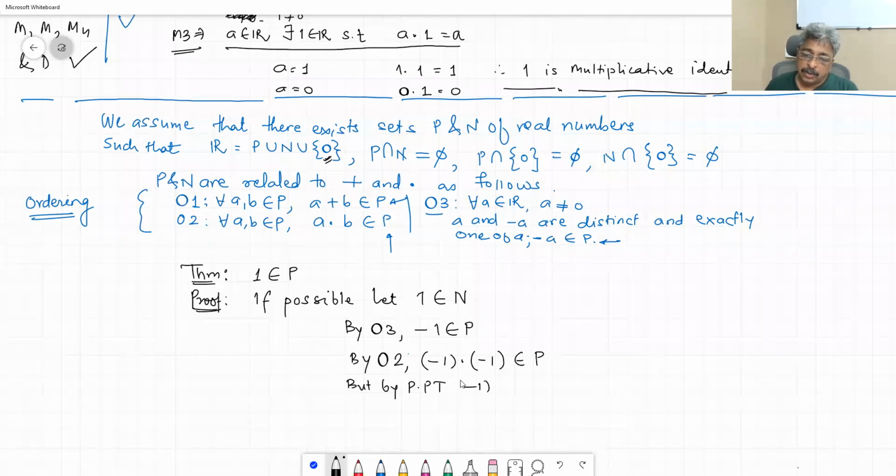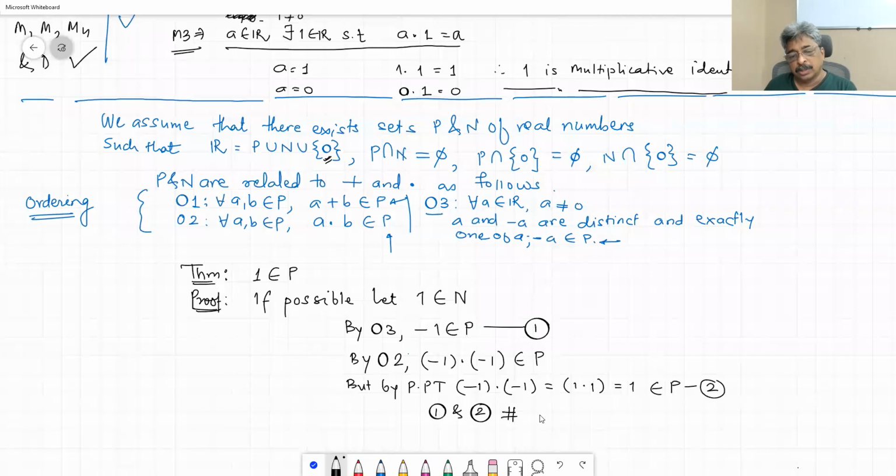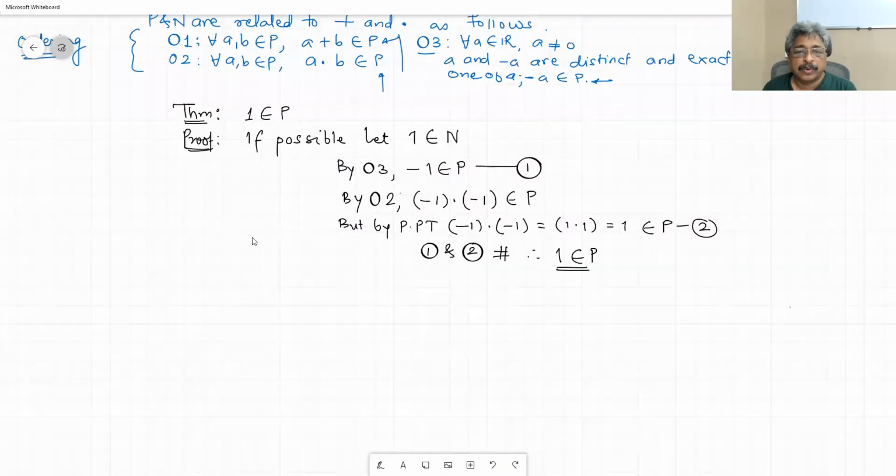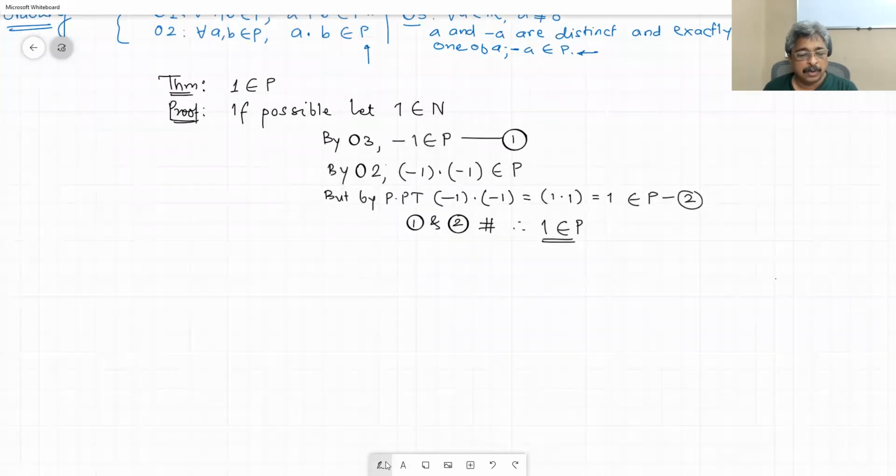Opposite of 1 into opposite of 1 is equal to 1 into 1 is equal to 1, which belongs to N. So 1 and 2 contradict each other. Therefore, 1 belongs to P. Correct? Yes or no? Easy.